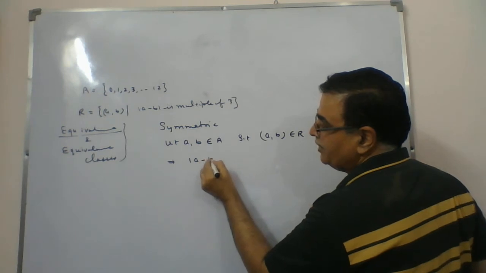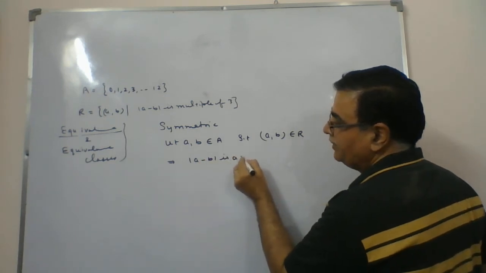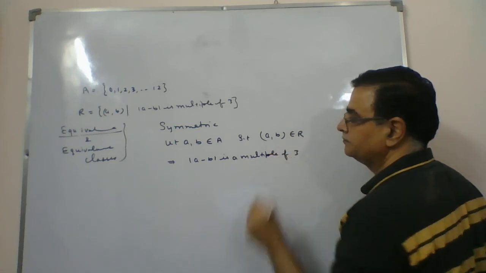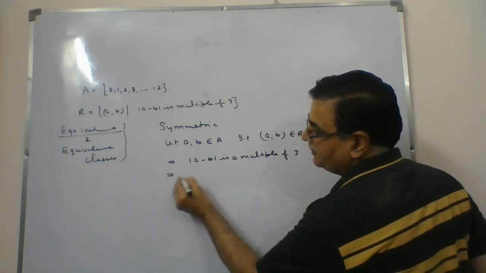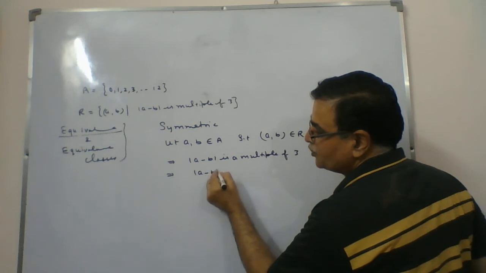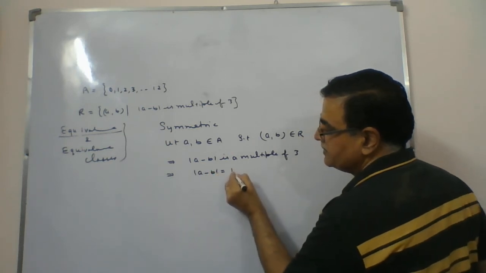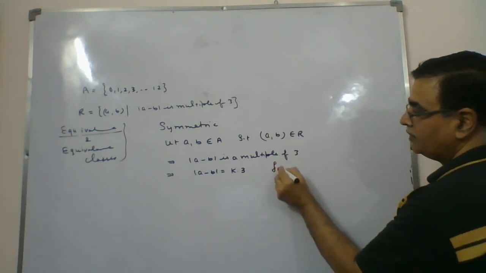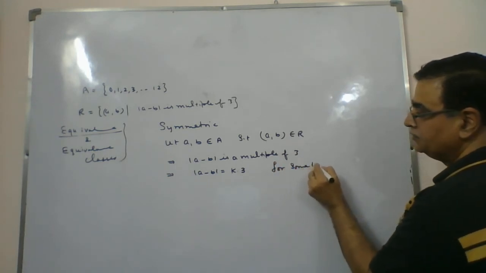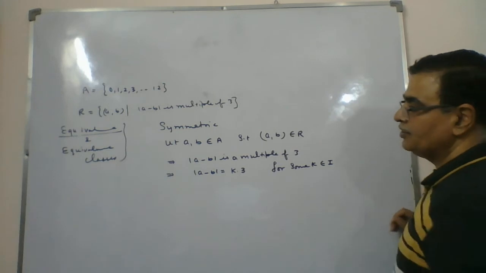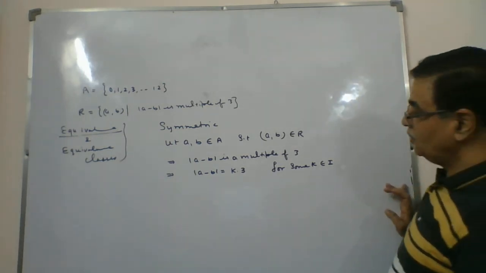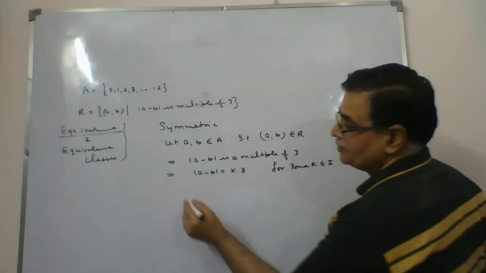It shows that modulus of A minus B is a multiple of 3. And if A minus B is a multiple of 3, I should write A minus B is K times 3, for some K belonging to integers.